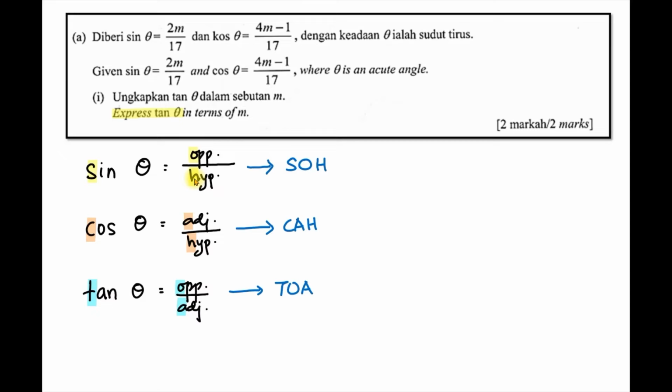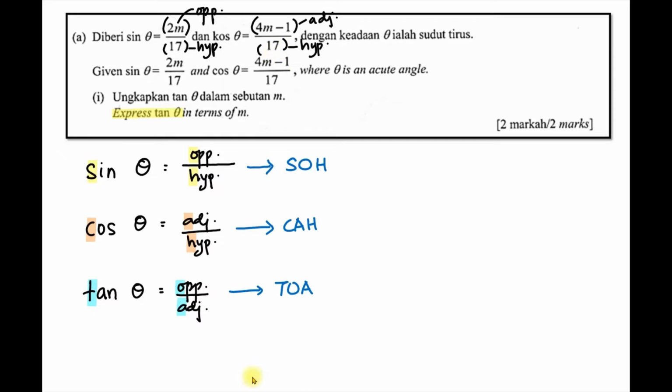That means that 2m is referring to the opposite side and the 17 is referring to the hypotenuse. Similarly, cosine theta is adjacent over hypotenuse, which means that the 4m minus 1 is referring to the adjacent side, while the 17 is referring to the hypotenuse. So we know that the hypotenuse in both cases is 17.